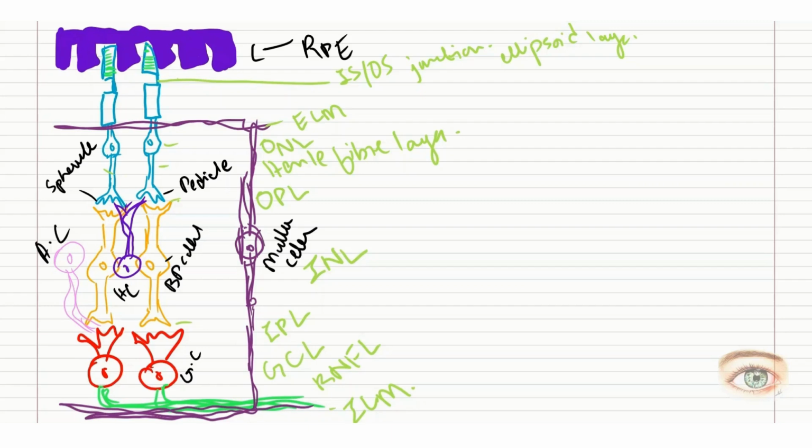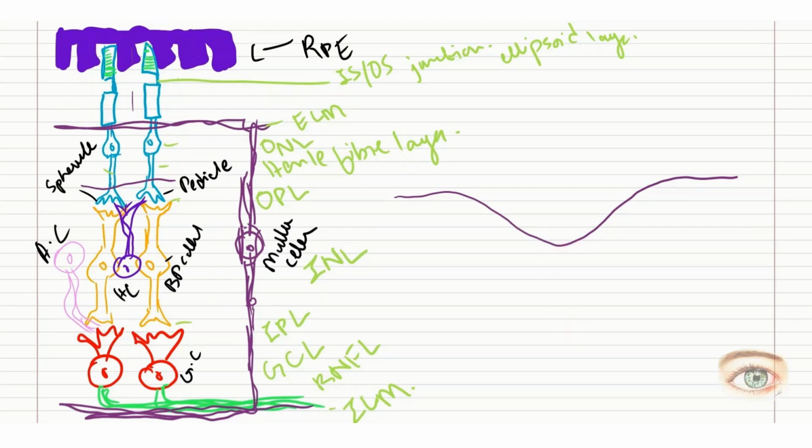So this was the gross anatomy. Now we're going to see how these layers are going to appear on the OCT. But wait, there's one thing I want to add. We know that at the macula we will only have cones, and up to the Henle fibers, we will only have this structure present at the foveola.